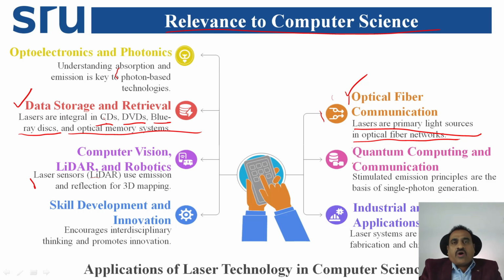Laser-based systems are also important in laser sensors like LIDAR, computer vision, and robotics. For example, LIDAR uses laser light to obtain information about objects and distances. This information can then be processed by computers or artificial intelligence systems.